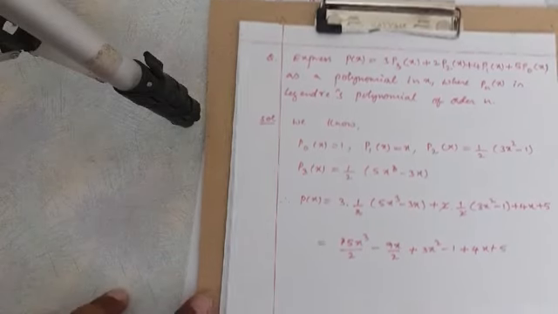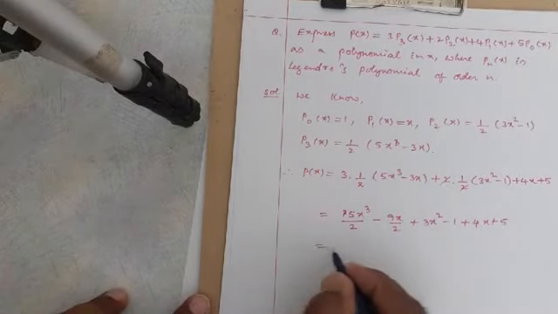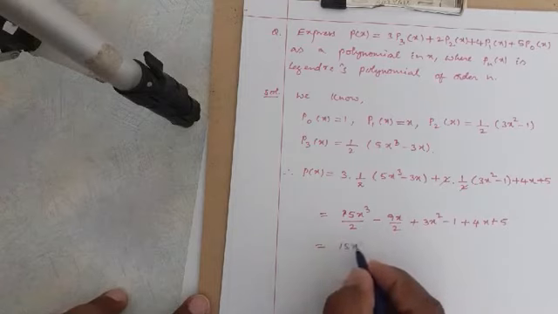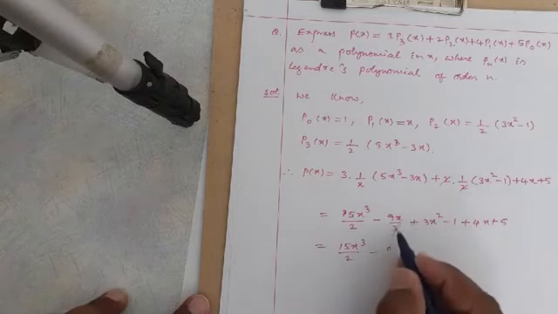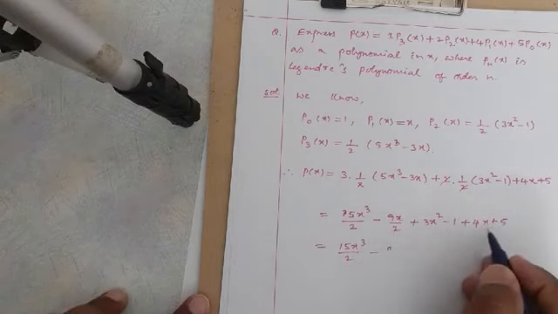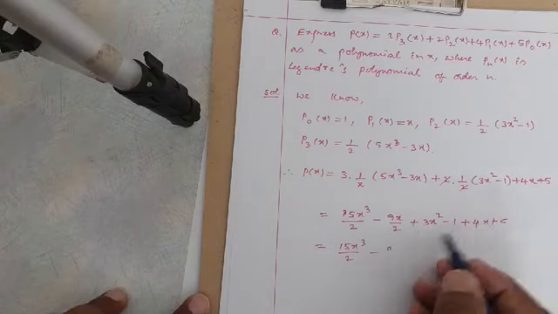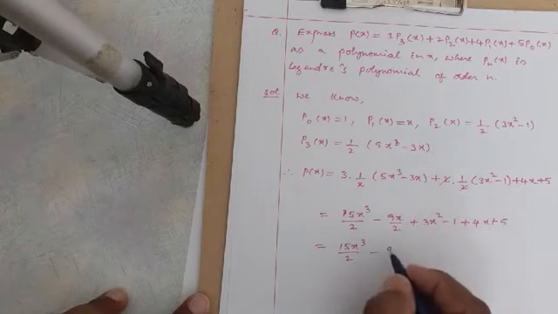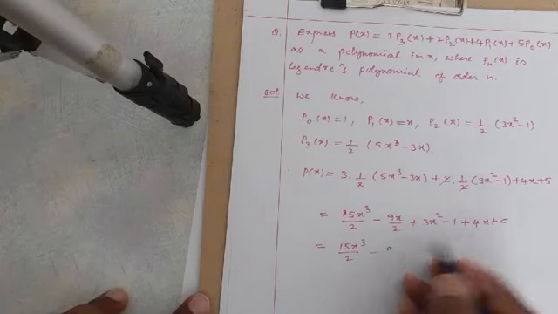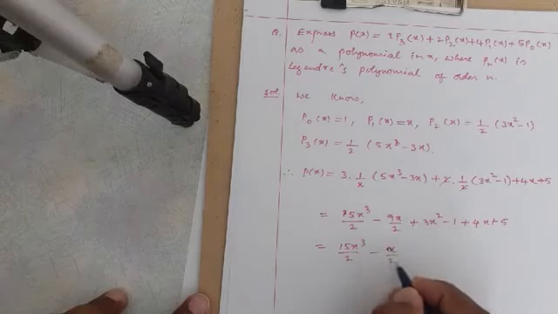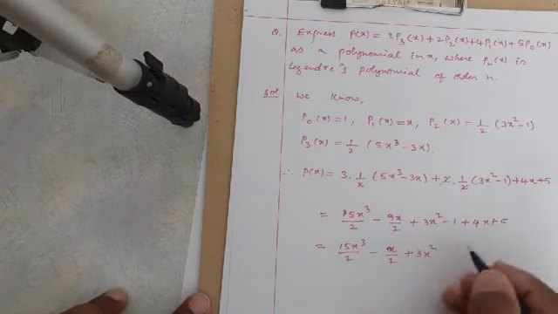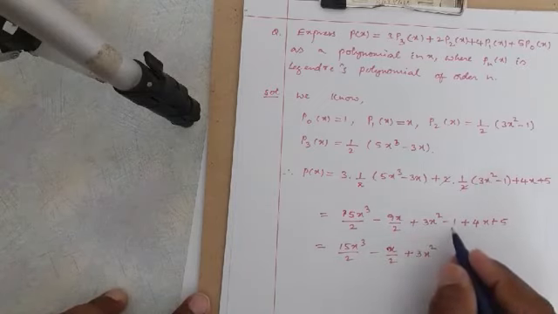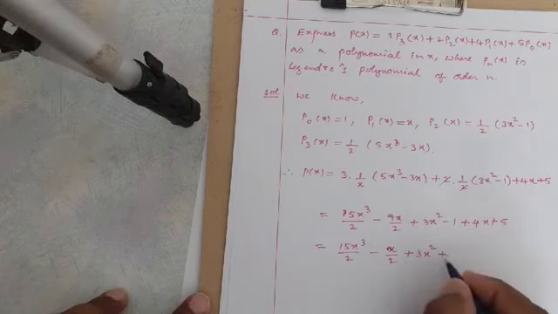After simplifying, you get 15x cube/2 minus, here how many x terms are there? Here we have 9x/2 plus 4x. When you take this 2 to the other side, that becomes 8x. Minus 9x plus 8x is minus x, so minus x/2 you get. Then the next term is only 3x square. Only one term we have, 3x square. The constant term is minus 1 plus 5, that is nothing but plus 4.